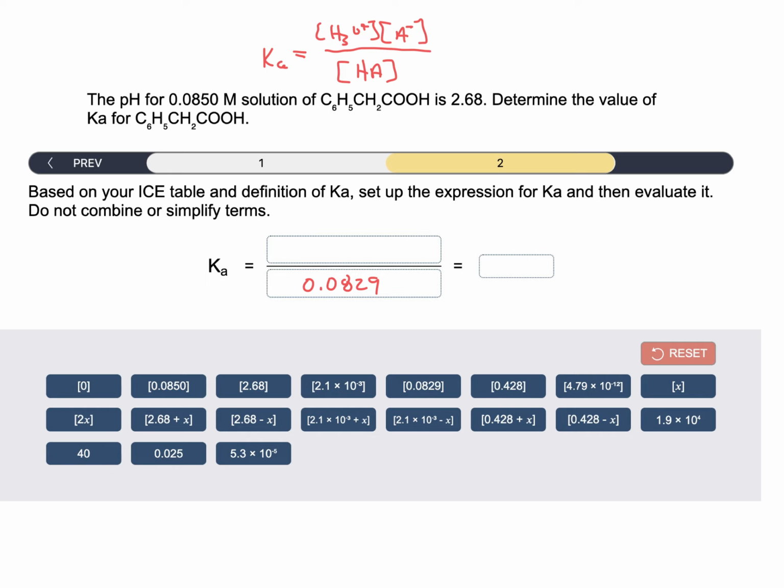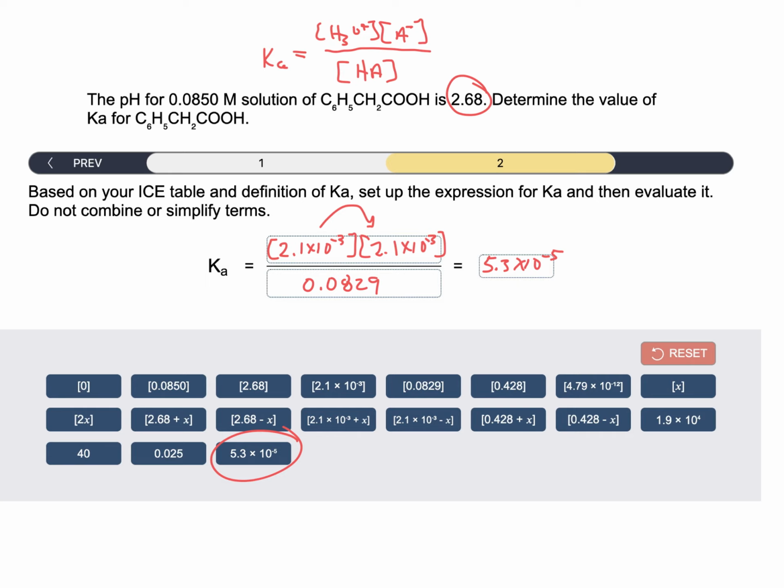And from the pH, we know that our equilibrium concentration of hydronium was 2.1 times 10 to the minus 3. That was also our concentration of the conjugate base, 2.1 times 10 to the minus 3. So square that, multiplying those two together, right? And we divide by the equilibrium concentration of the parent acid. And we should get something like 5.3, yeah, right down here, 5.3 times 10 to the minus 5.